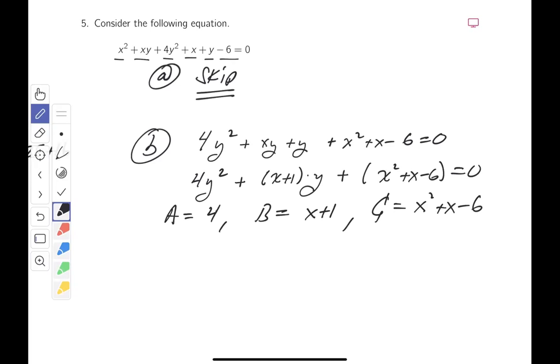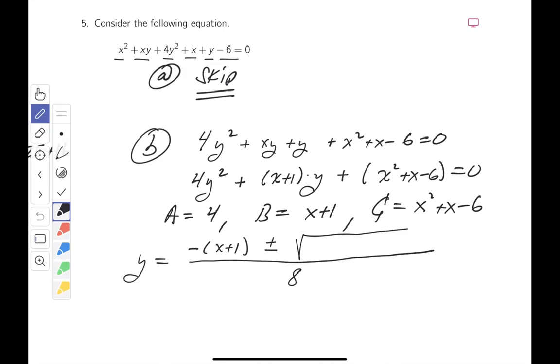Let's write this down now. What are you going to get? Y would equal, quadratic formula, twice the A, which is 8, the opposite of the B, plus or minus, I know it's nightmarish, B squared minus 4 times A times C.